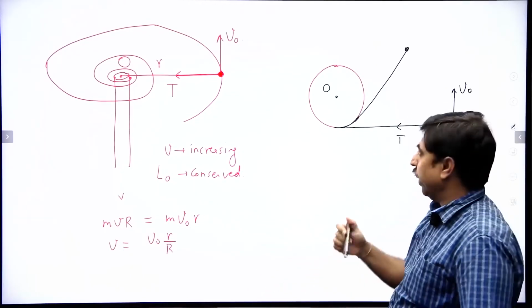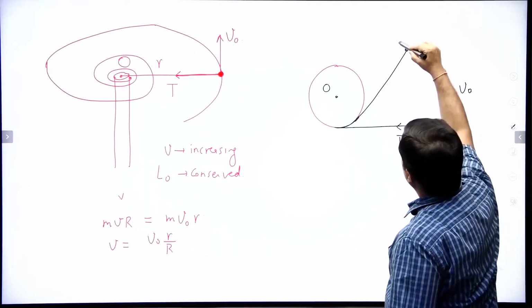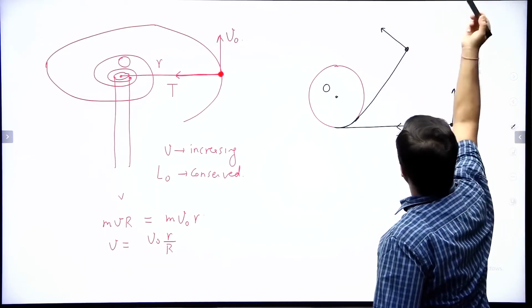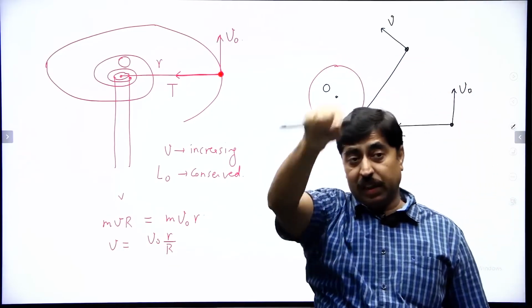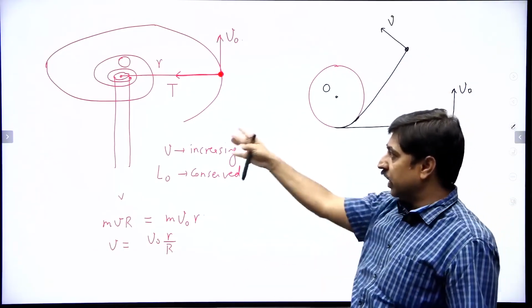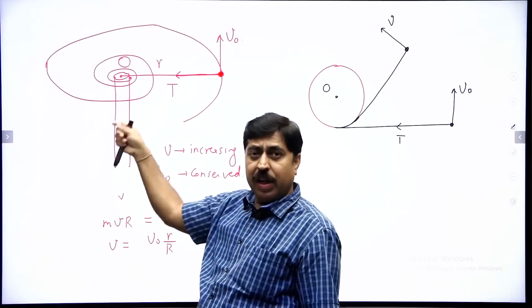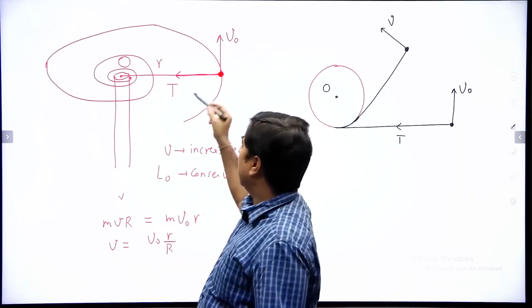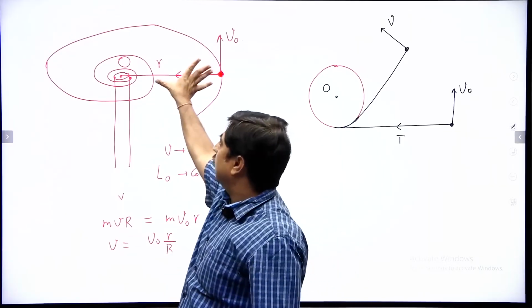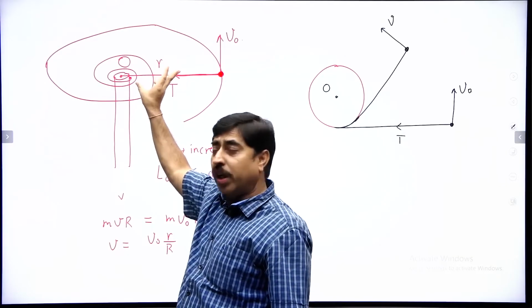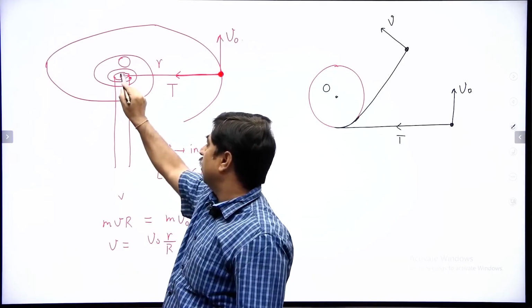the particle is tied to a string and it is moving. The string is always under tension. Mind you, in this case, the string can remain under tension even when the particle moves this way. Reason being, this length of the string is being shortened by pulling it down.